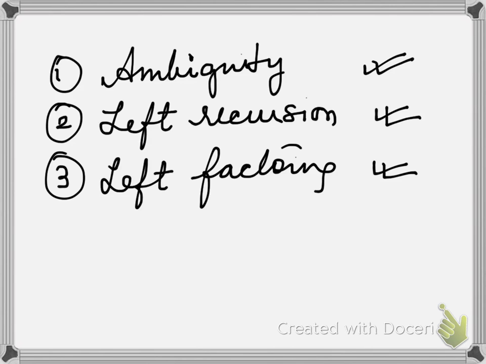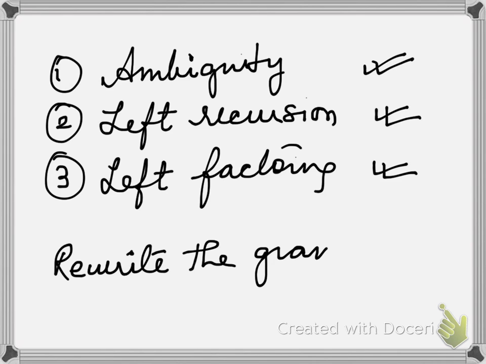To avoid all these problems, we saw how we could rewrite the grammar. In all these three cases, we had to rewrite the grammar. When we rewrote the grammar, the language accepted by that grammar remains the same.